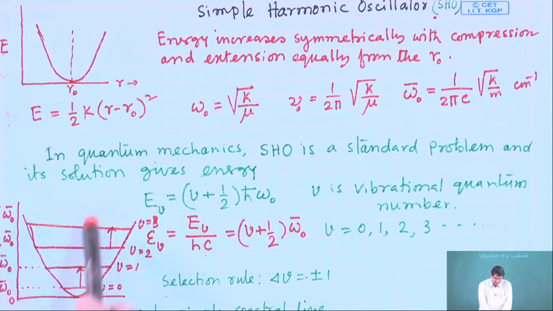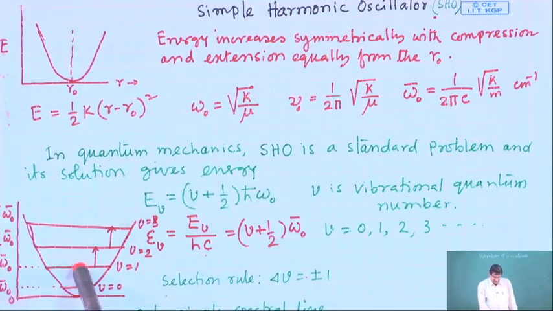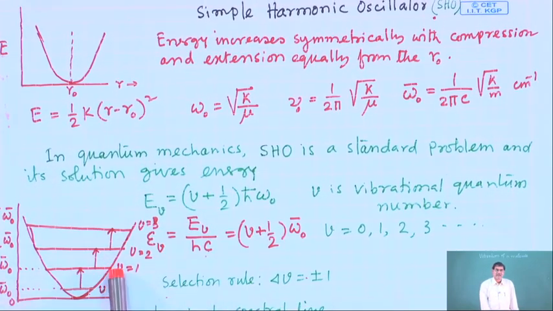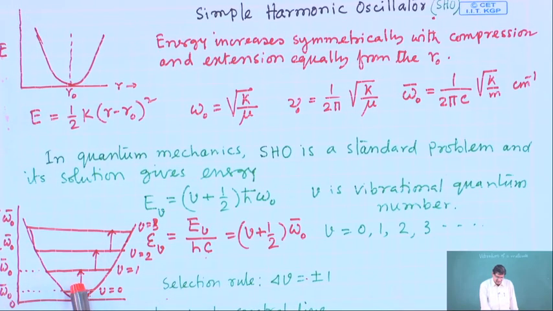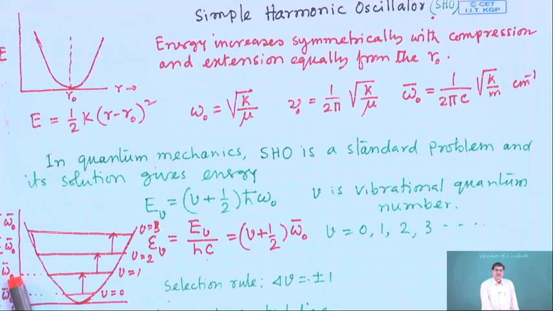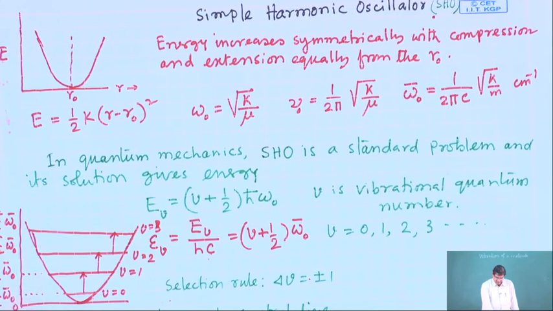For v equal to 0, it is half omega 0 bar, then for v equal to 1 it is 3 by 2 omega 0 bar, 5 by 2 omega 0 bar, 7 by 2 omega 0 bar. The separation between these energy levels is the same for all cases, and that is nothing but omega 0 bar.